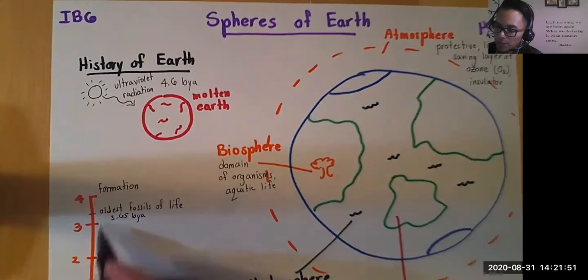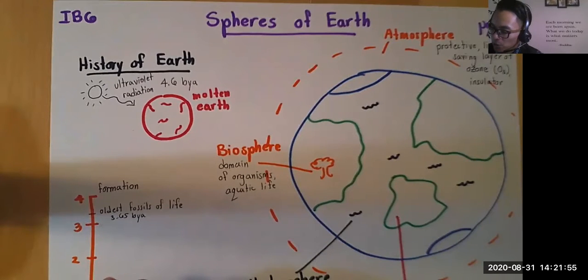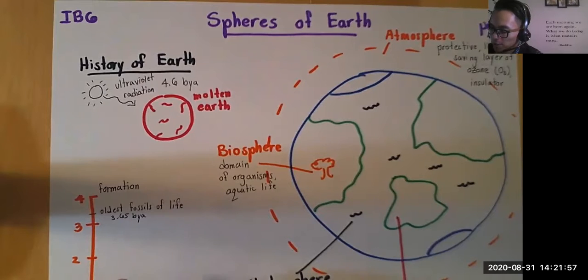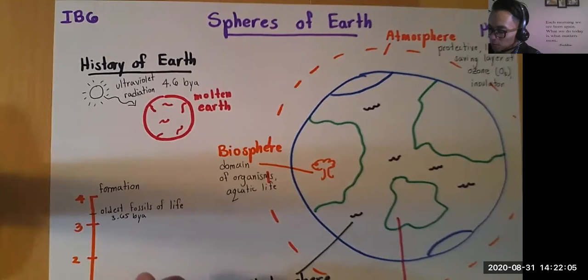And then you fast forward all the way to now, and the dawn of man is so minuscule on this timeline, you can barely see it. Mankind hasn't been around for very long, ladies and gentlemen. It took that long from the formation all the way to the dawn of man for us to even have the tools to study and name all of these spheres of Earth.